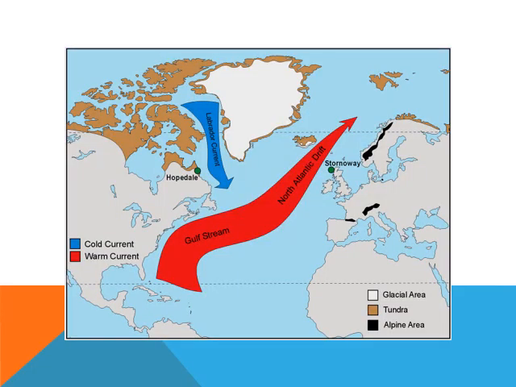The next important ocean current, as you can see in the map and in your textbook also, is the Labrador Current, which has been shown with a blue arrow. It is a cold ocean current in the North Atlantic Ocean and it flows from the Arctic Ocean. So you all know that the cold ocean currents flow from the polar area.